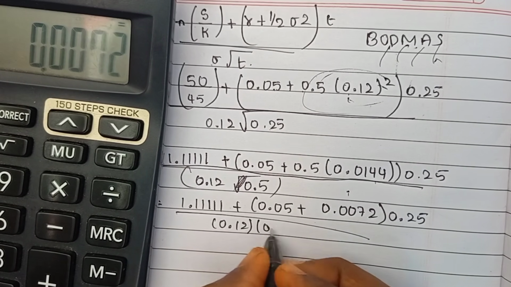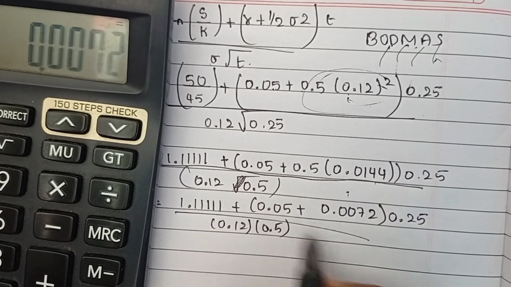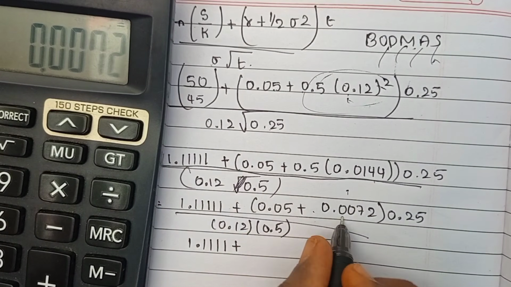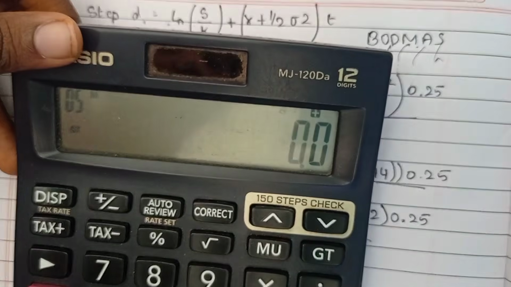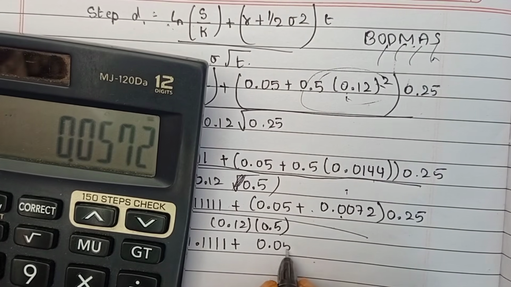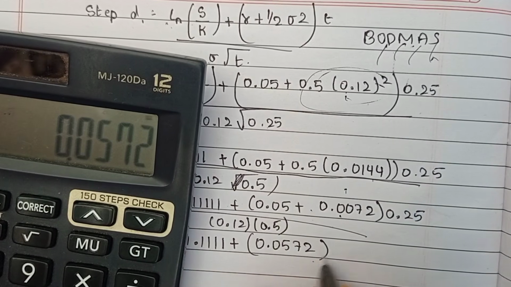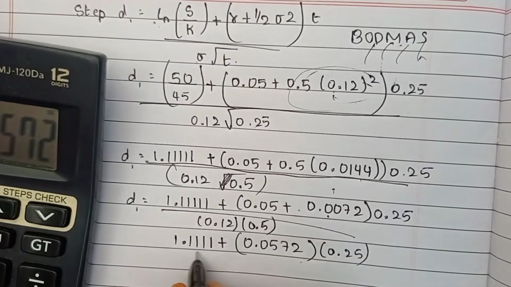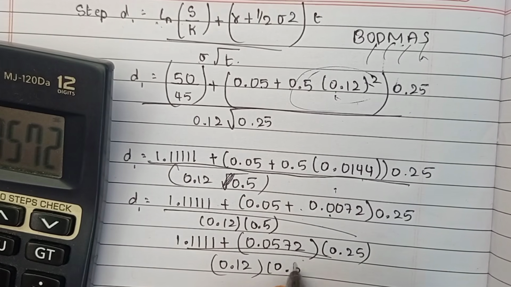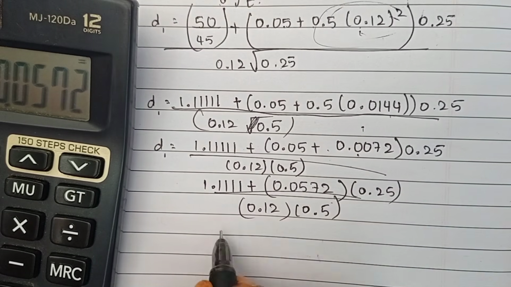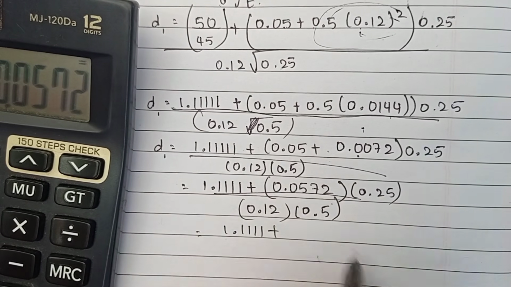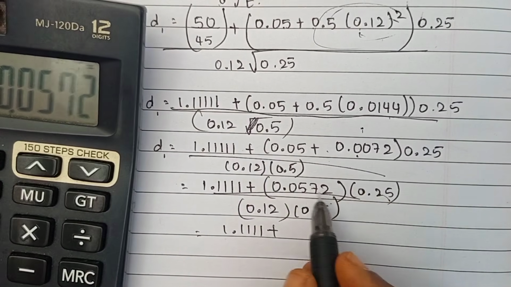0.12 into 0.5. So 1.1111 plus 0.05 plus 0.072. 0.05 plus that is 0.0572 into 0.25 divided by 0.12 into 0.5. Okay, so next is 1.1111 plus, we have to multiply these two.